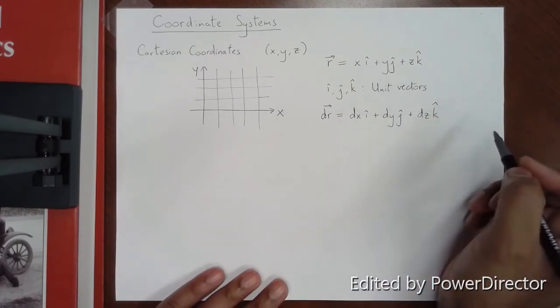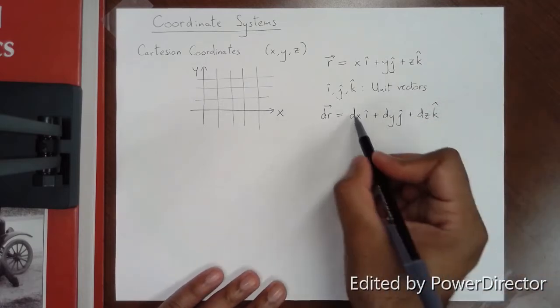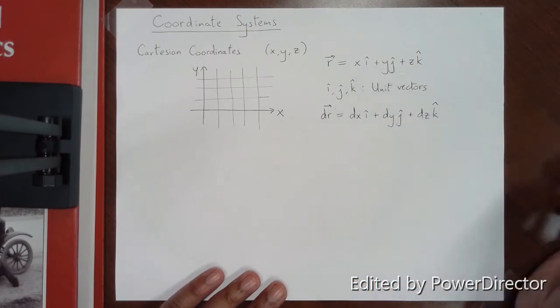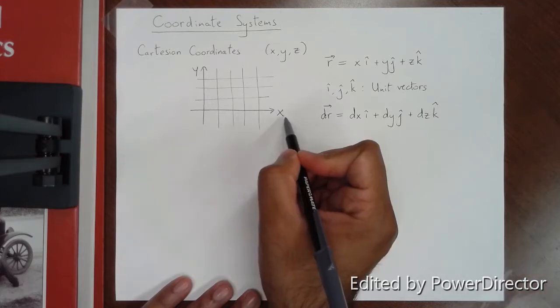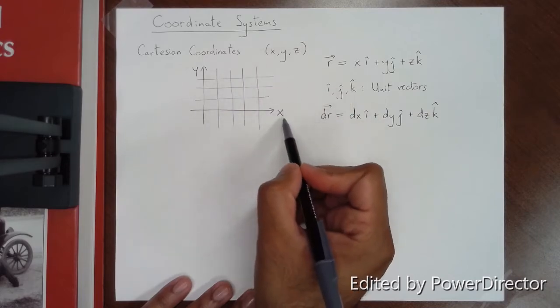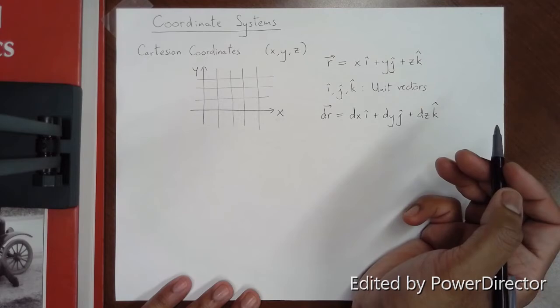This might seem obvious, but notice that it was only this simple because i, j, and k are constants. That is, their direction and magnitude do not change. Usually we use a right-handed coordinate system. So once we know the directions of x and y, we know the direction of z.